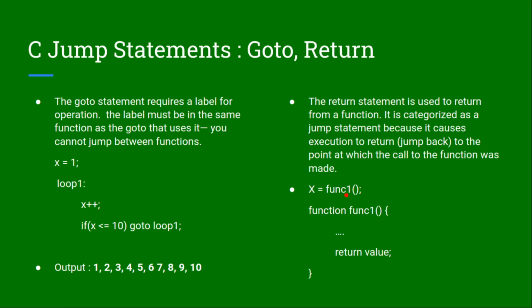Whatever the returned value is will be assigned to the variable x, because this is the returning value of function 1. So we will see this program in our editor.